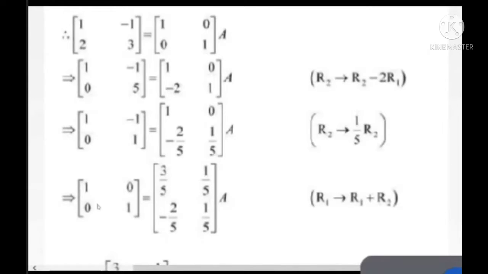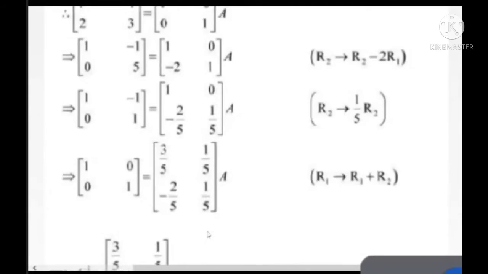So the second row stays the same, and the first row is 1 0. And here, if you add these two rows, 1 minus 2 by 5 you get 3 by 5, and 0 plus 1 by 5 you get 1 by 5. That means the left hand side is the identity, and here you get 3 by 5, 1 by 5, minus 2 by 5, 1 by 5.